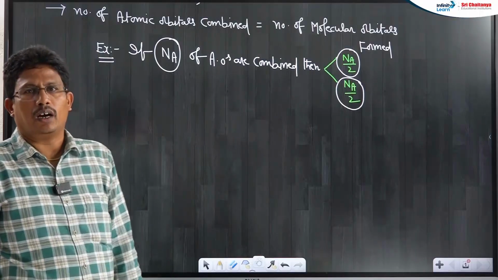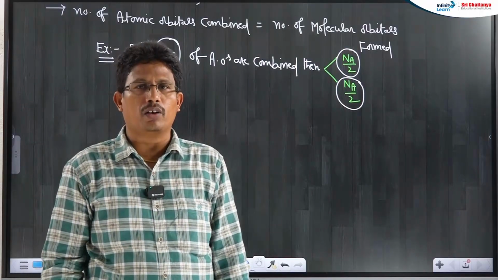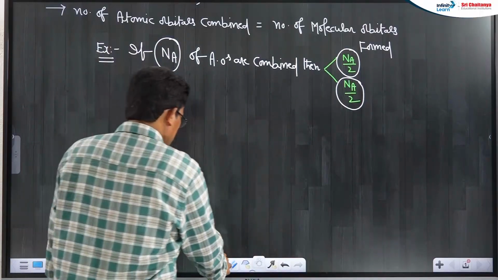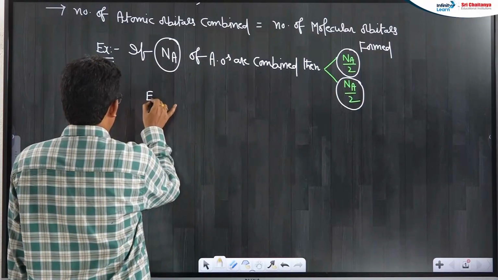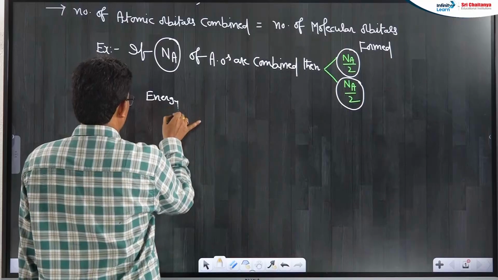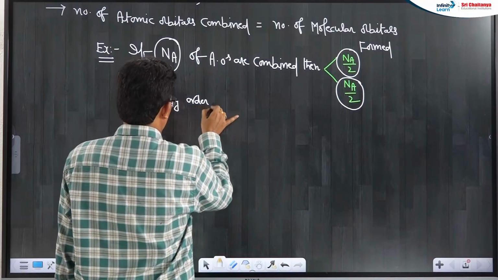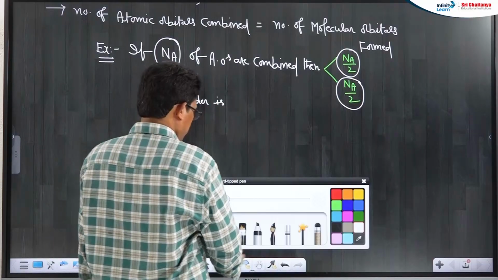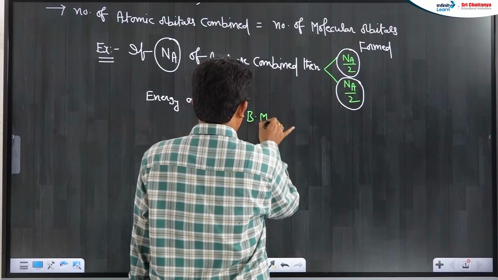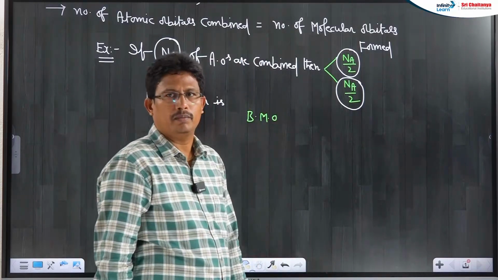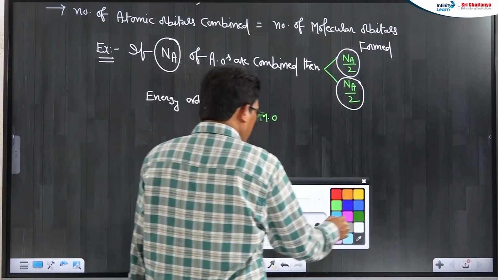If you observe the order of energy of molecular orbitals, the bonding molecular orbital has the lowest energy compared with the atomic orbital.